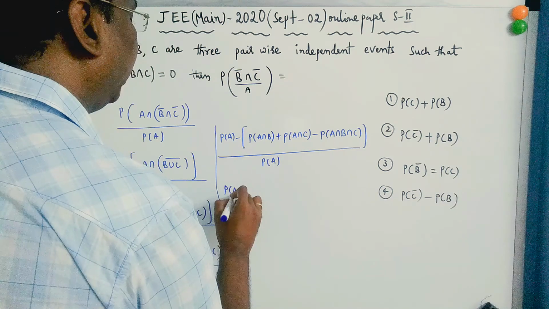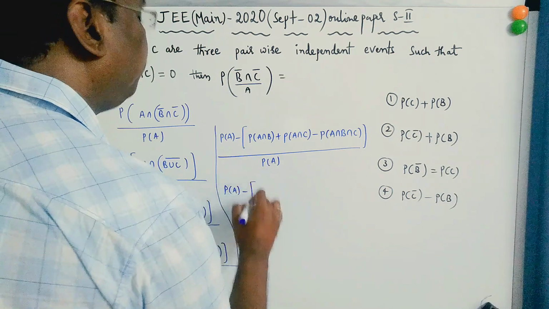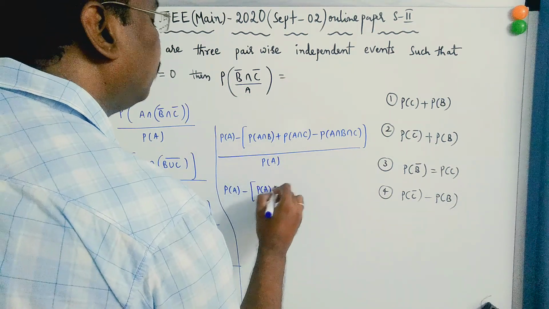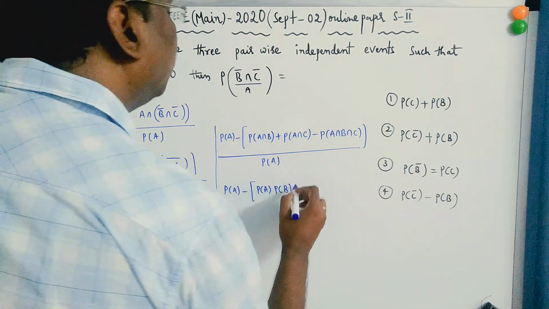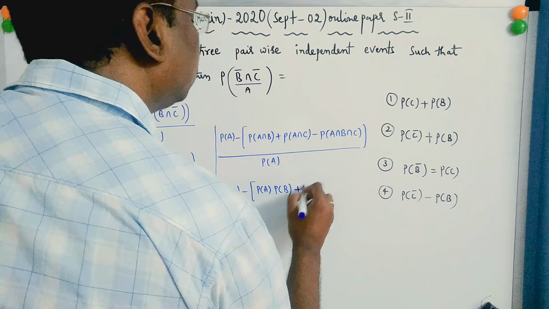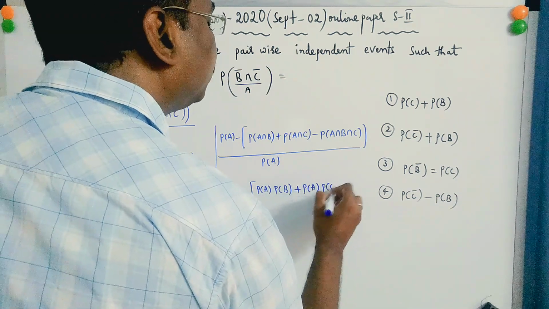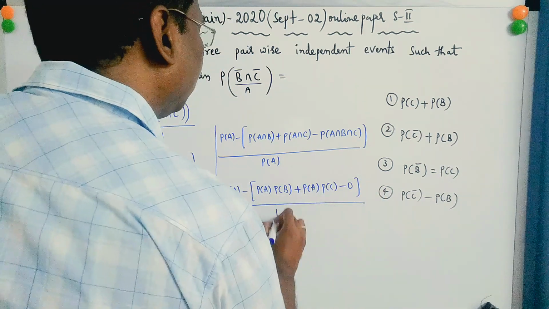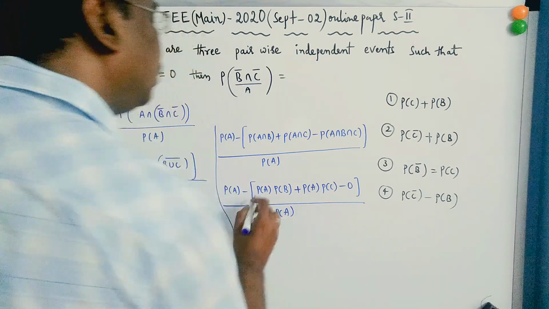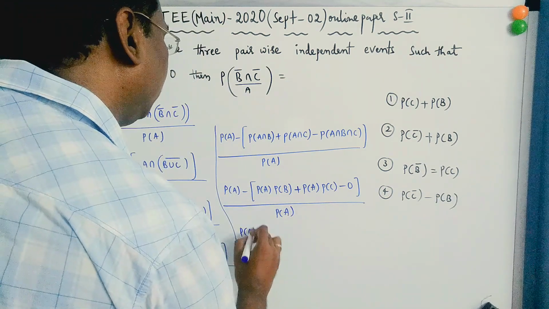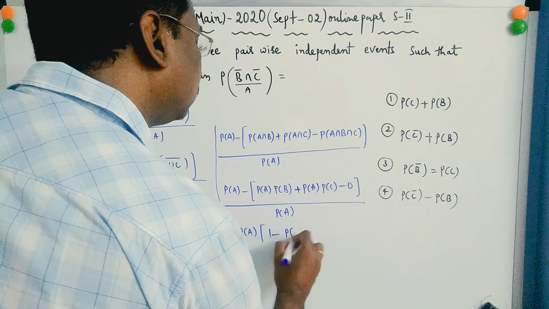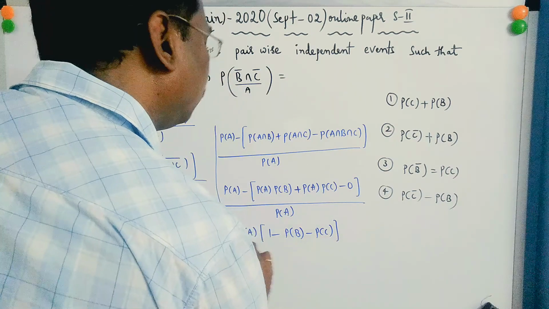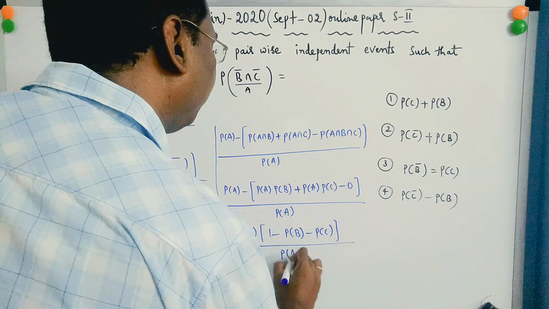Now P of A minus P of A intersection B, P of A into P of B plus P of A into P of C minus 0 by P of A. Okay, now here P of A is common: 1 minus P of B minus P of C by P of A.